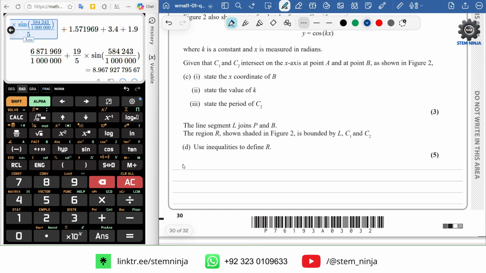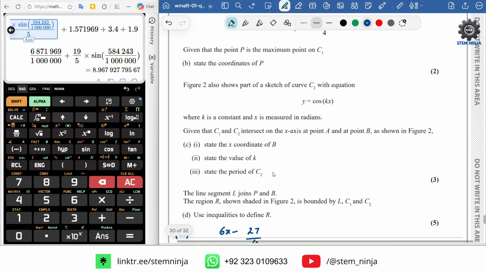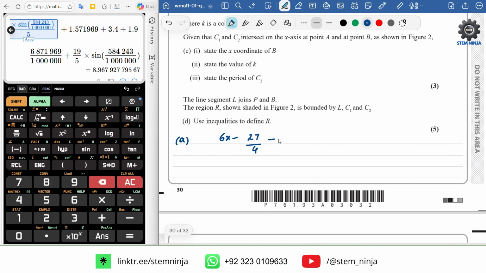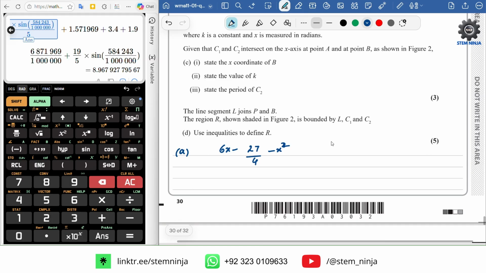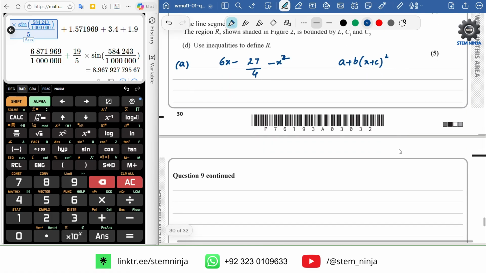You have six x minus 27 over 4 minus x squared, and we need this in the form a plus b x plus c whole squared. Okay, so completed square form basically.